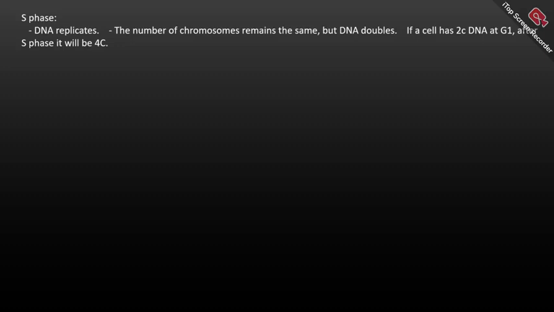Now, maybe if you don't understand this, let me try to explain. Suppose you're trying to photocopy a book which is made up of 2 chapters. These are the number of chromosomes. When you photocopy the book, you're going to have the same number of chapters, but the DNA copies are going to be how many? 2.